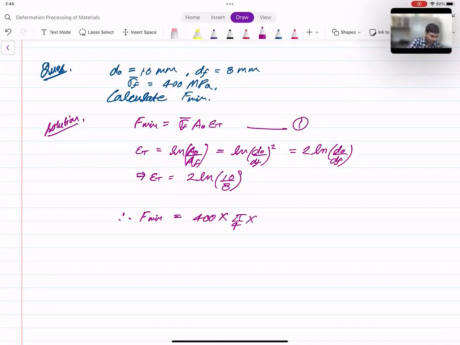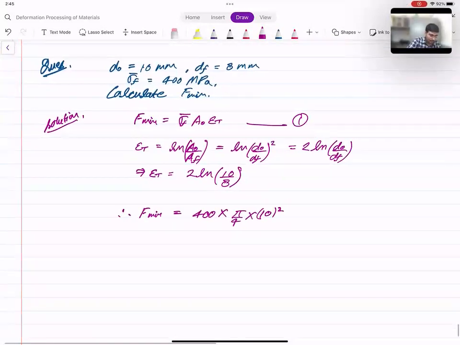So this is 10 square, and this will be 2 times ln of 10 by 8.